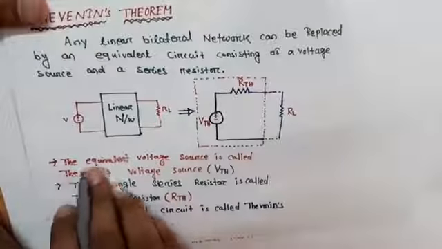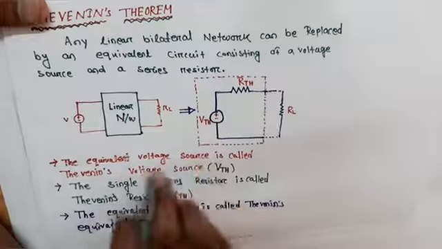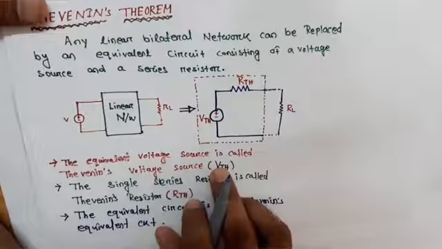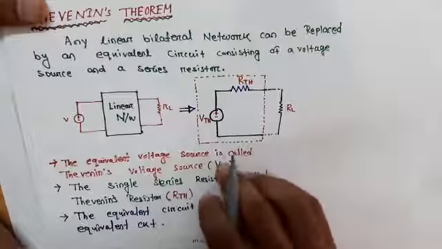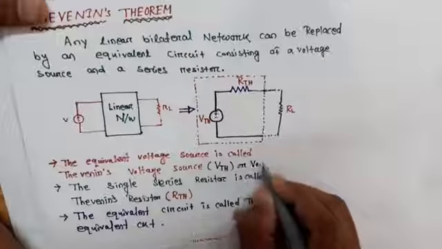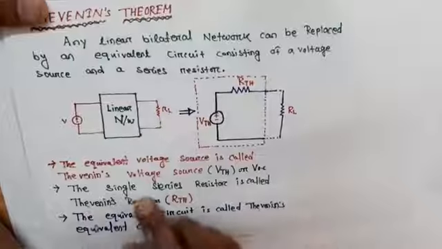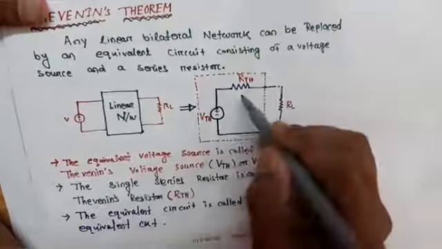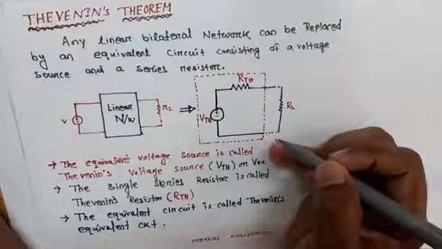Here the equivalent voltage source is called Thevenin's voltage source. We can also call it the open circuit voltage, or VOC. The single series resistor is called Thevenin's resistance, or RTH, or Thevenin's equivalent resistance.